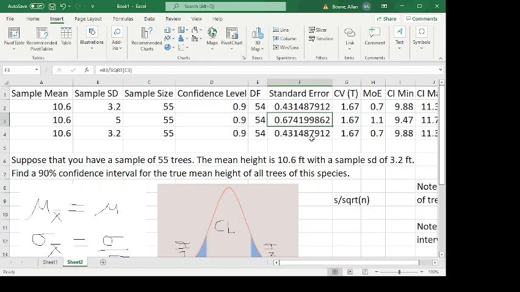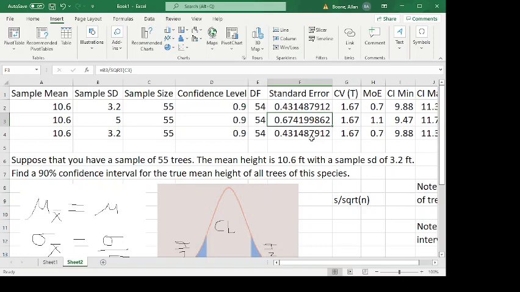A larger confidence level won't change the standard error, because the confidence level doesn't change the standard error, but it does affect the critical value, because you want to contain more of the region inside. And therefore, we still get a larger margin of error because we've increased the critical value.